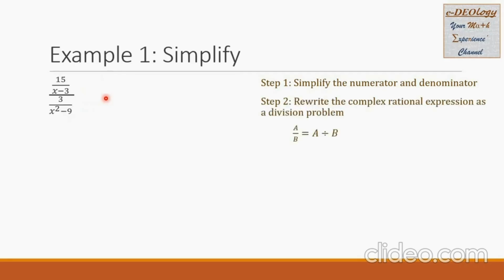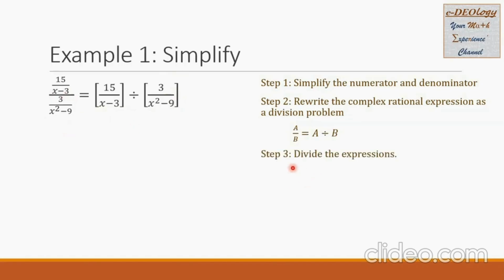So we can go to step 2. Rewrite the complex rational expression as a division problem. So writing this again into this form, it becomes 15 over x minus 3 divided by this rational expression 3 over x squared minus 9, which is the denominator of our complex rational expression.